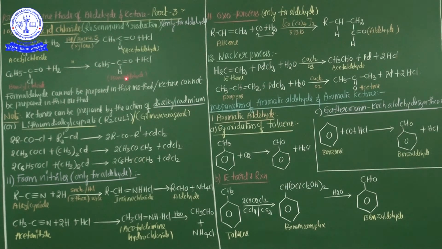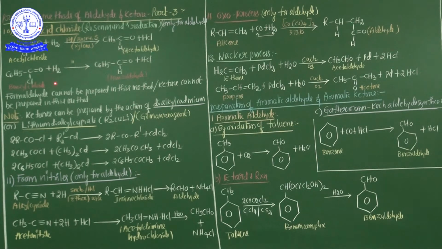So in this Rosenmund reduction, only aldehydes are prepared. Acid chloride can be reduced into aldehyde with the help of hydrogen in boiling xylene using palladium or platinum catalyst supported on barium sulfate.